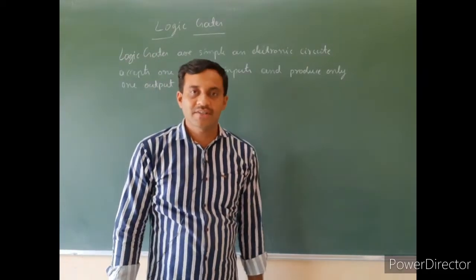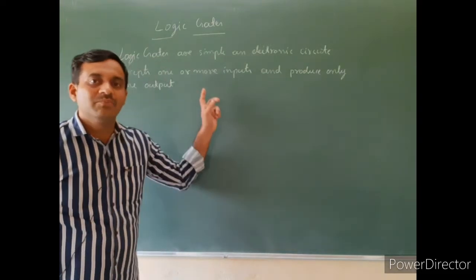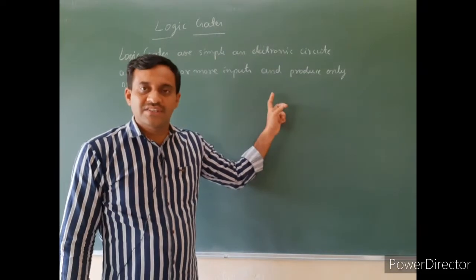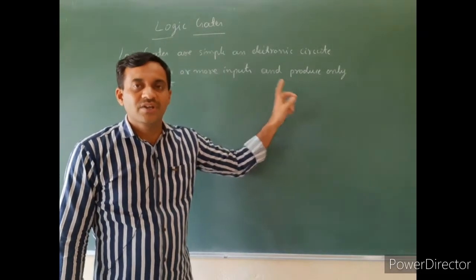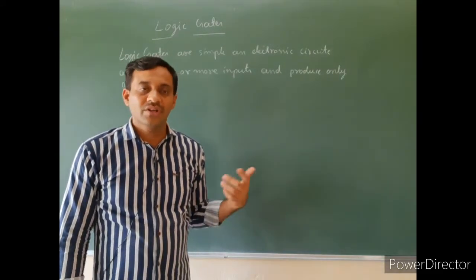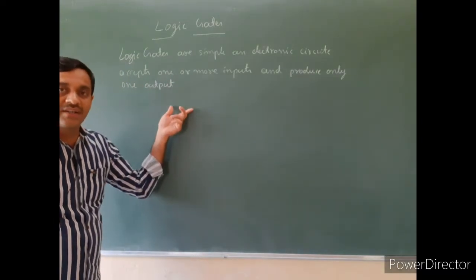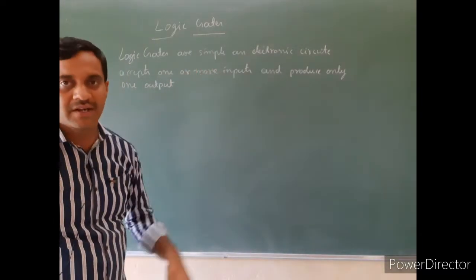All logic gates produce only one output. So logic gates are simply electronic circuits that accept one or more input signals, then produce only one output signal. So those are called logic gates.